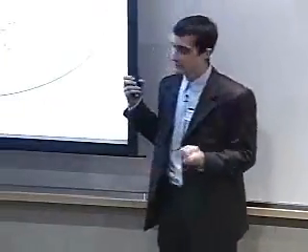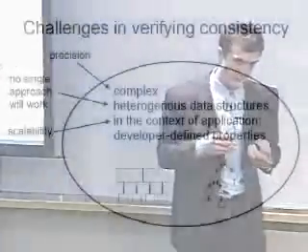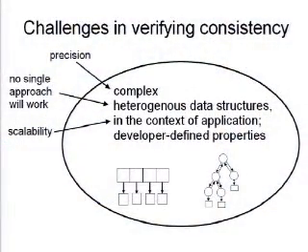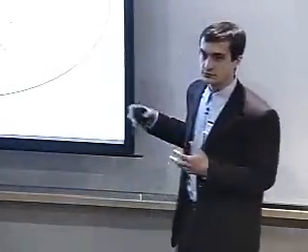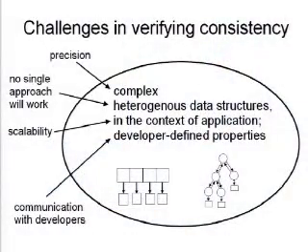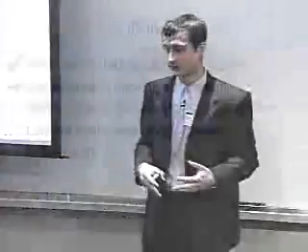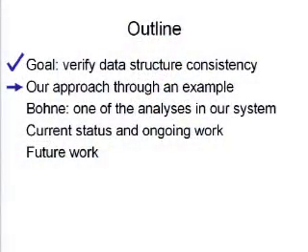And finally, because we want to verify these data structures in the context of larger programs, we need to have some way of addressing scalability problems. And as I mentioned, we want to check user-defined properties as well, because those are the ones that tell you something with respect to whether the program is doing what we want it to be doing.